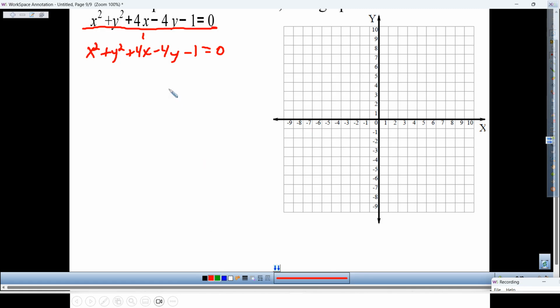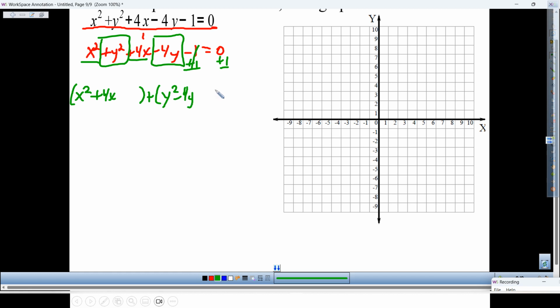And then you said add 1 to each side. Plus 1, plus 1. So, now we group the x's together. So that is x squared plus 4x, leave an empty space, plus group the y's together, y squared minus 4y, empty space, equals 1.